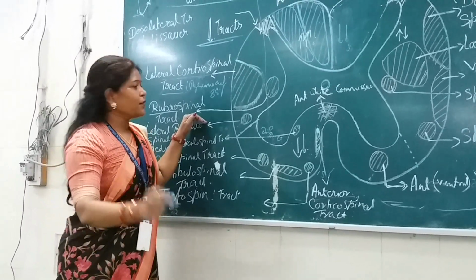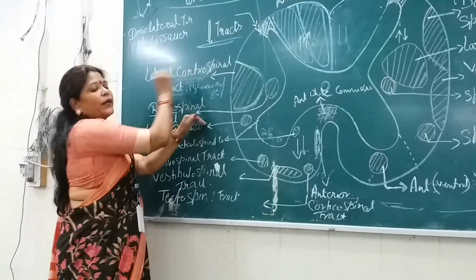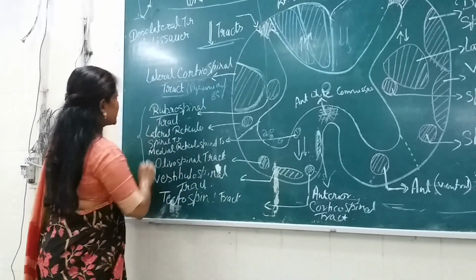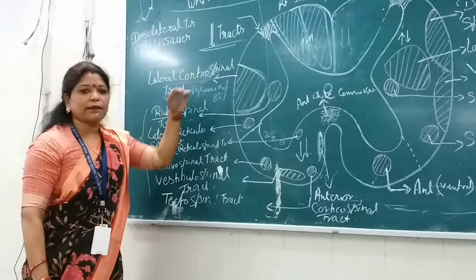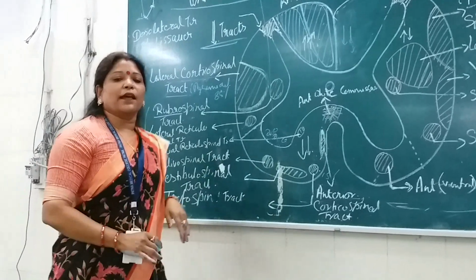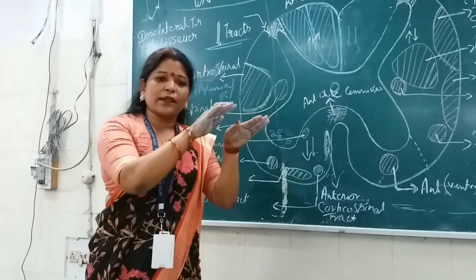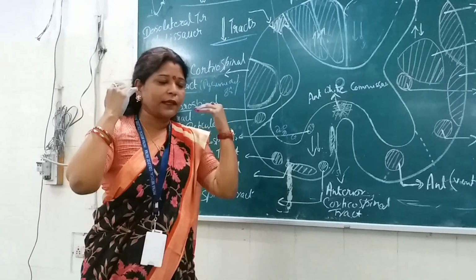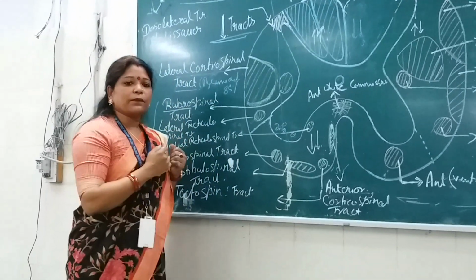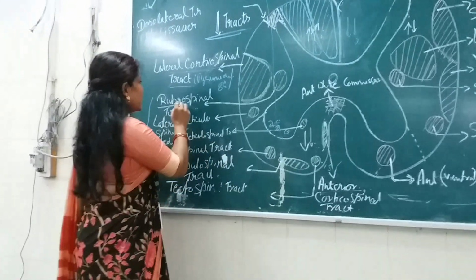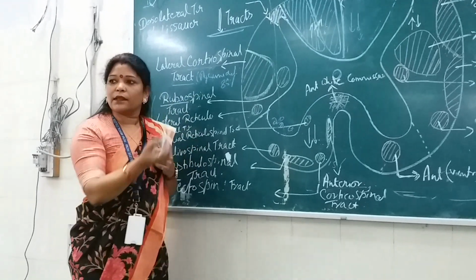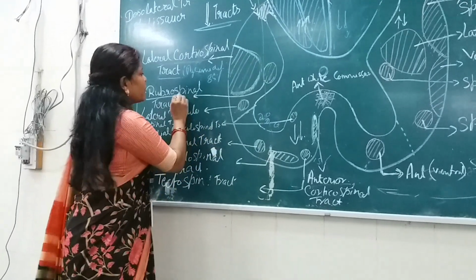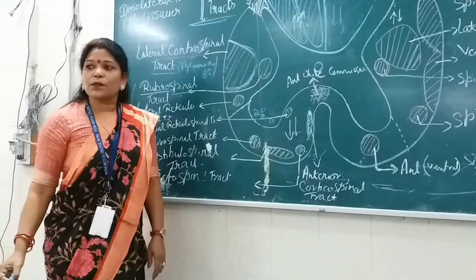You get the point? Not arising from the cortical area. All these descending tracts other than the corticospinal tract again originate from the subcortical area, that means below the cortical areas. That means if there is an origin from the midbrain, there is a red nucleus, and the neurons of that give axons, then the tract which is forming will be the rubrospinal.